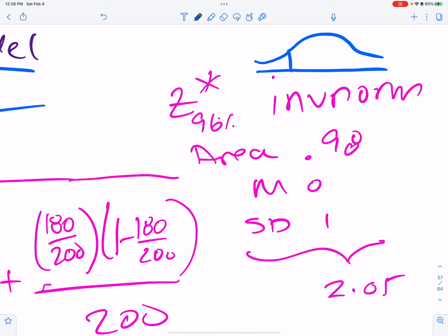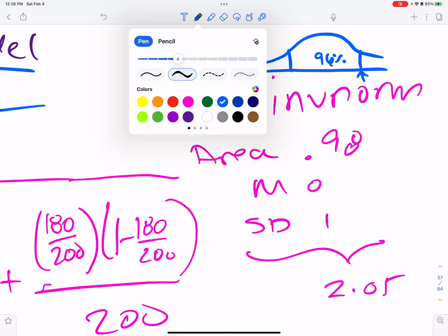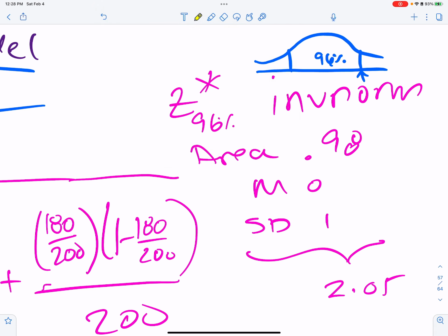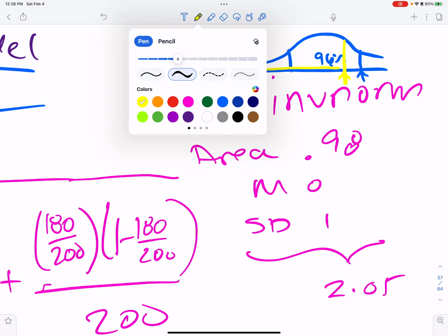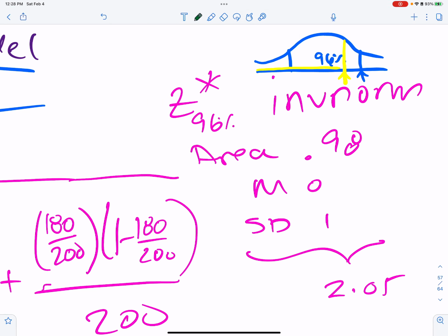And my confidence interval is doing the center 96%, but I need this value right here. So if I put in 96% into my calculator, it's going to stop me somewhere like here, and give me this value because that's only 96%. So I need to remember I've got an extra 2% here and 2% here.